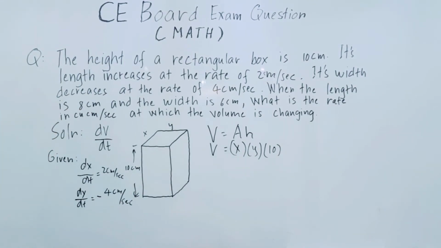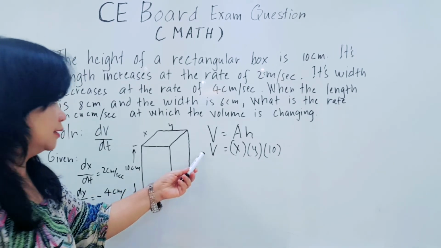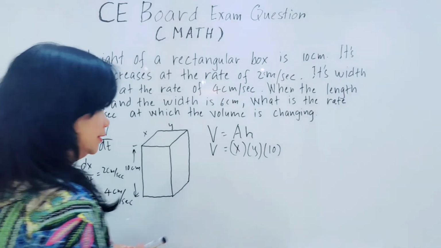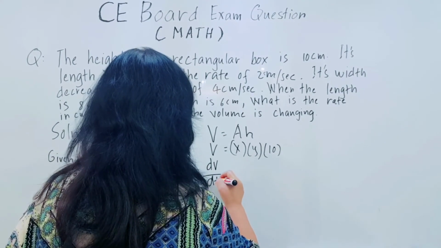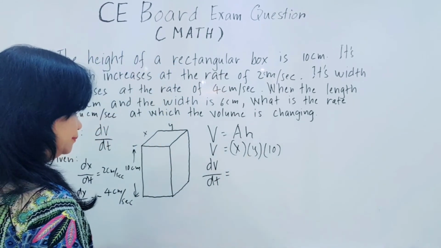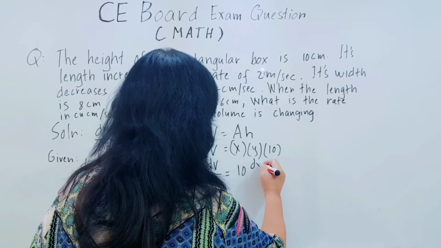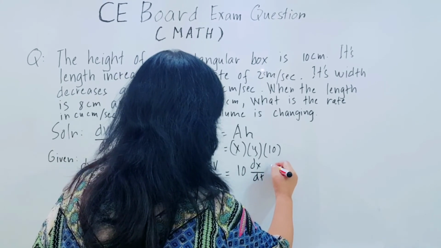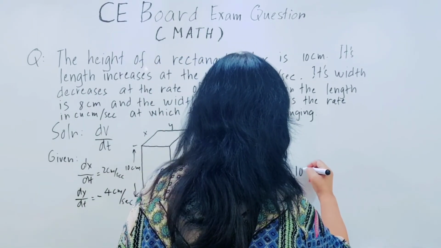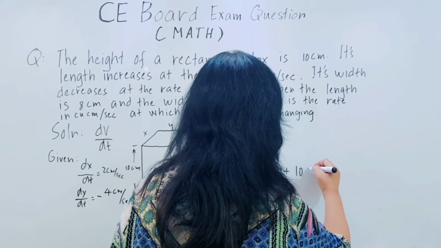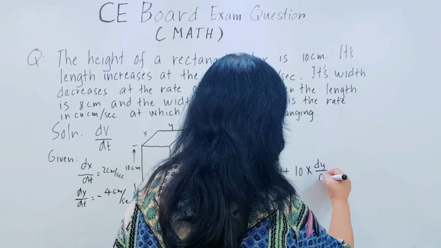Therefore, if we take the derivative, the rate of change of the volume with respect to the time is equal to 10 times the derivative of x with respect to the time times y, plus 10 times x times the derivative of y with respect to time.